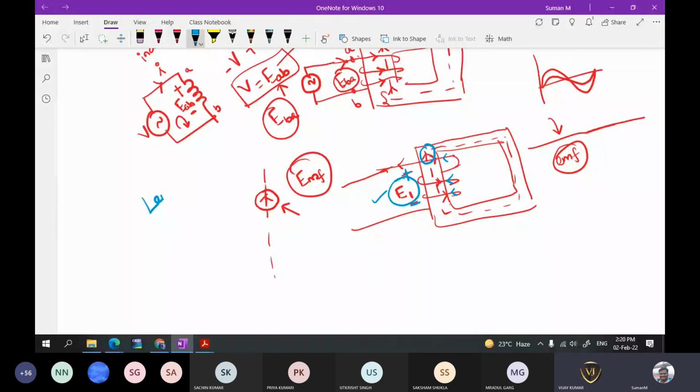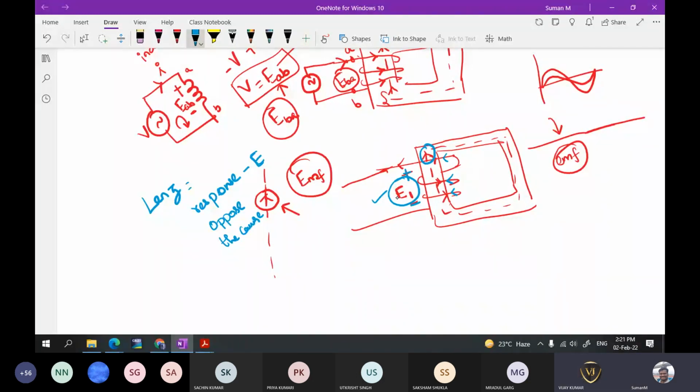Lenz's law says that always the response will oppose the cause. What is the response here? The response is the EMF induced. That induced EMF, if it supplies some current, then that current will oppose the actual current.